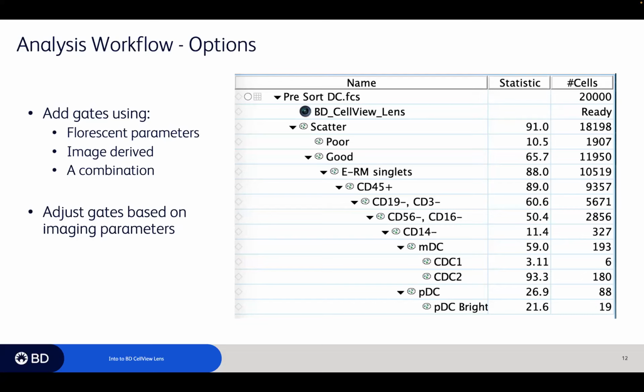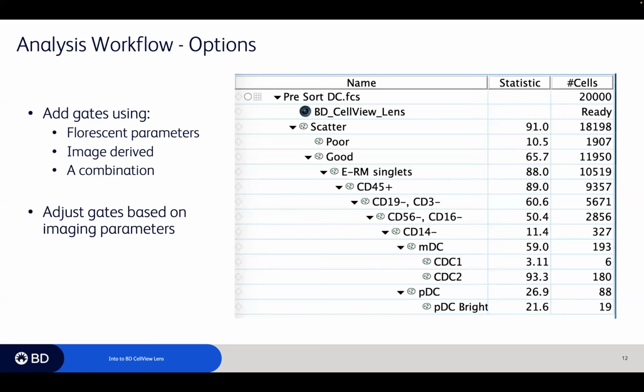I would like to see cells that I think by traditional methods maybe are single cells and start from there. Or maybe I would like to make gates that also combine imaging parameters. You can see in this example gating scheme that I've thrown on there, we're using something called ERM singlets. That's my eccentricity and radial moment singlets. So I can just mix in any of those derived parameters into a gating scheme.